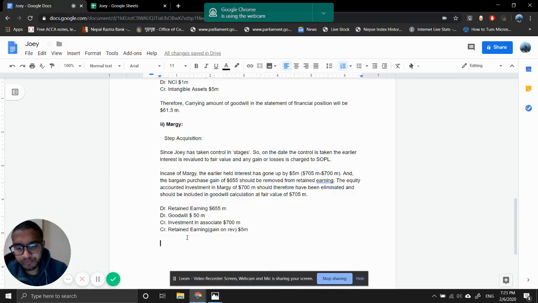Let's create a separate heading for this. When we are creating a separate heading for building, we need to give a bit of definition from IAS 16 as well. In case of building, it has been downward revalued.